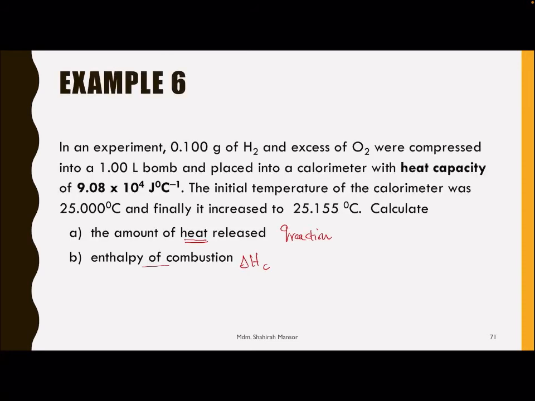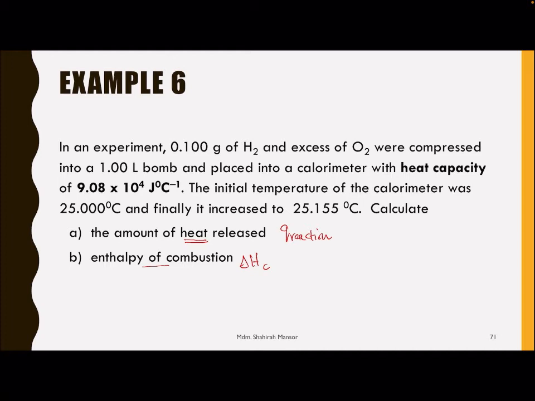In this question, what will be our surrounding? From the sentence, can you predict what will be our surrounding? Do we have mass of water in the question? No. Do we have heat capacity of the calorimeter?